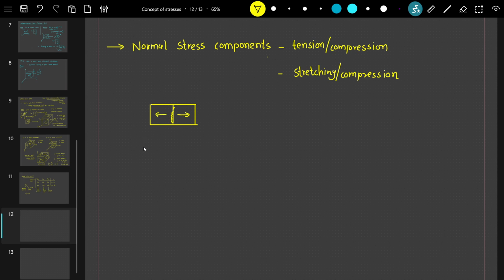Normal stresses always act normal to the plane, and they result in stretching or compression. This is stretching. So normal stress components are kind of a push or pull in nature.